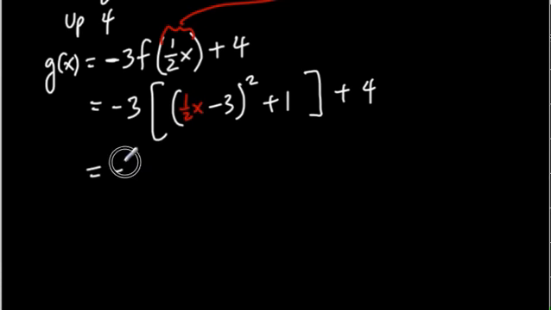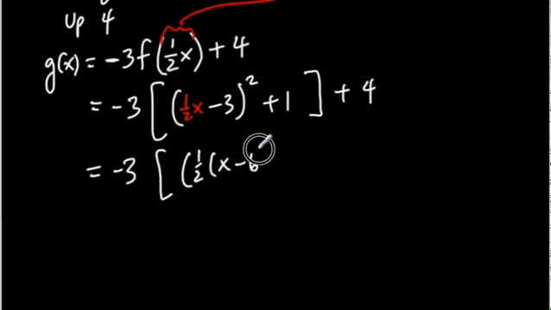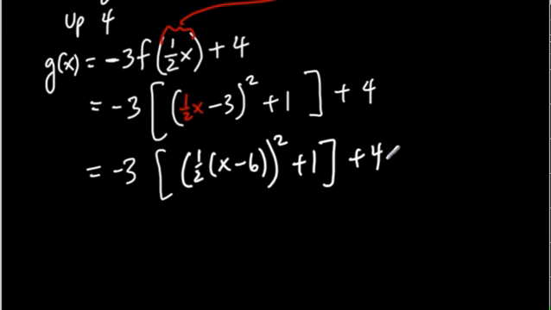And that's equal to negative 3. Let me just factor this inside here. So that's going to be half, and this is going to be (x minus 6) squared plus 1 in that bracket, plus 4.